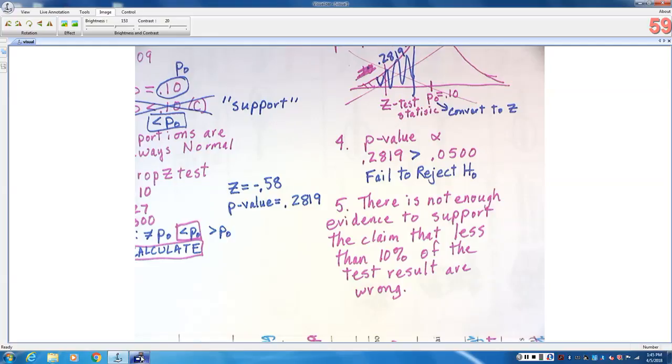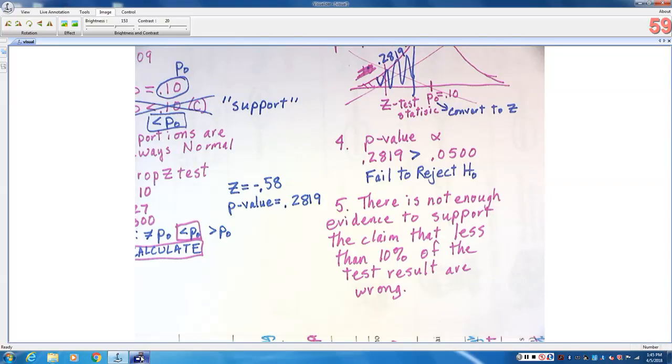So I always write that the P value is less than alpha. Then you're gonna interpret the decision in the context of the problem.